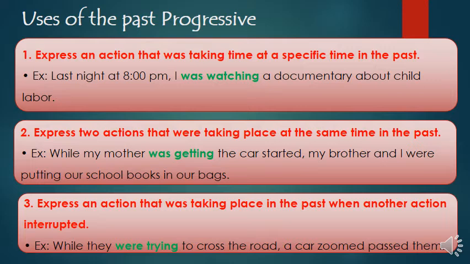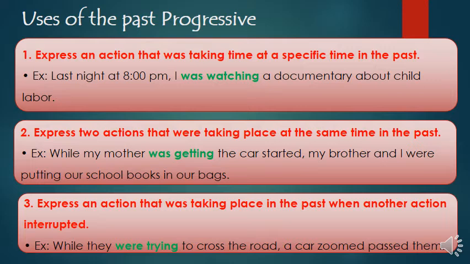Number three, it is used to express an action that was taking place in the past when another action interrupted. While they were trying to cross the road, a car zoomed past them.